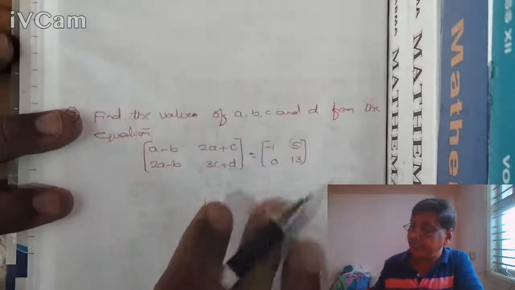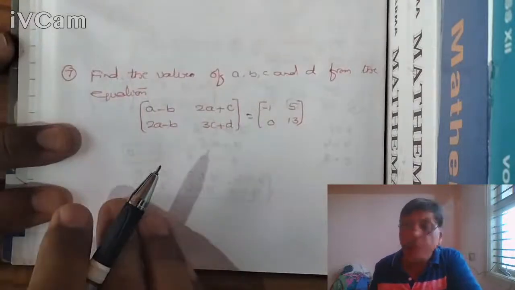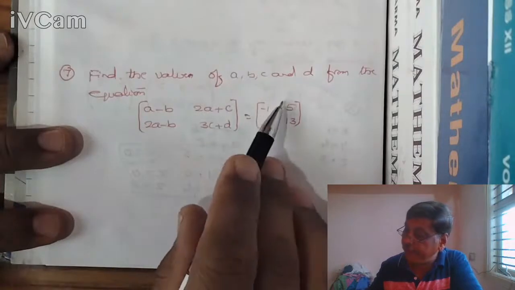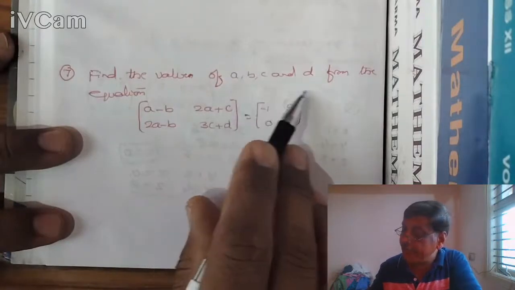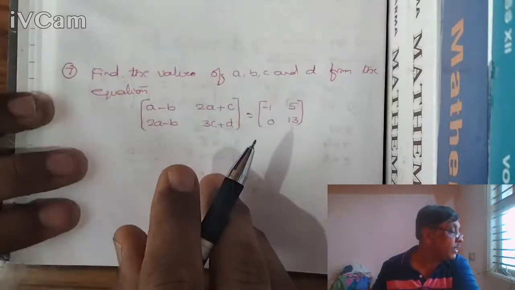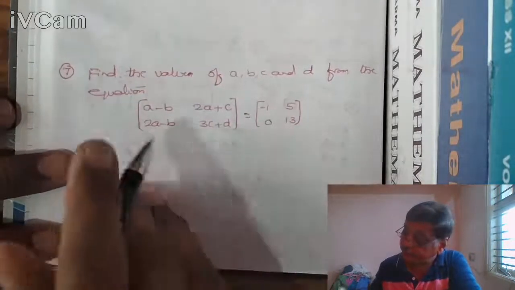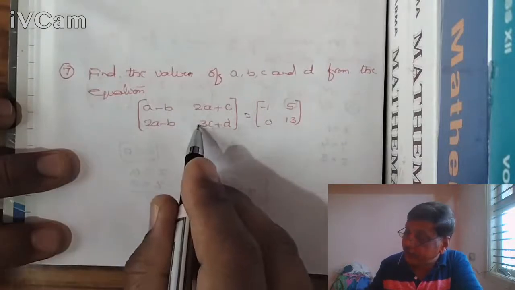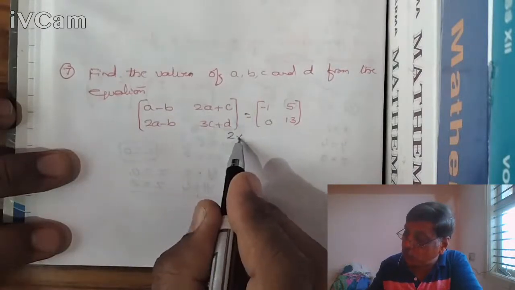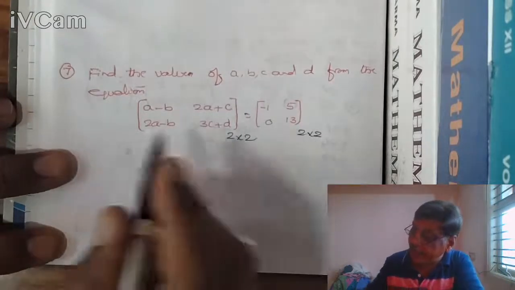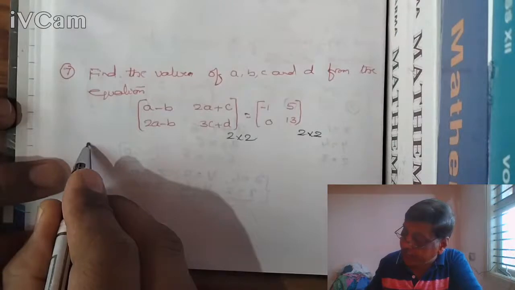Okay, next let us move to question number 7. Find the values of a, b, c and d from the equation. Here the left hand side has a 2 cross 2 matrix, and the right hand side is also a 2 cross 2 matrix. Just equate the corresponding elements.